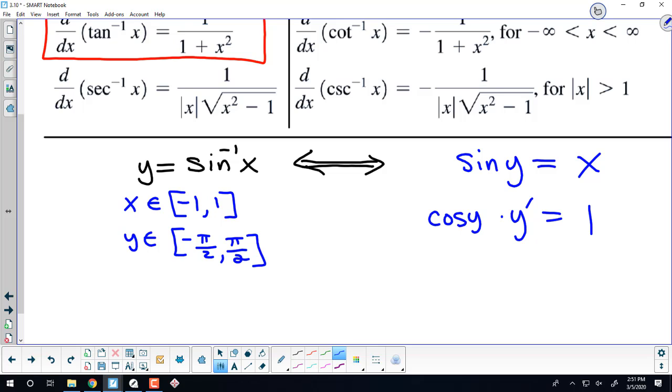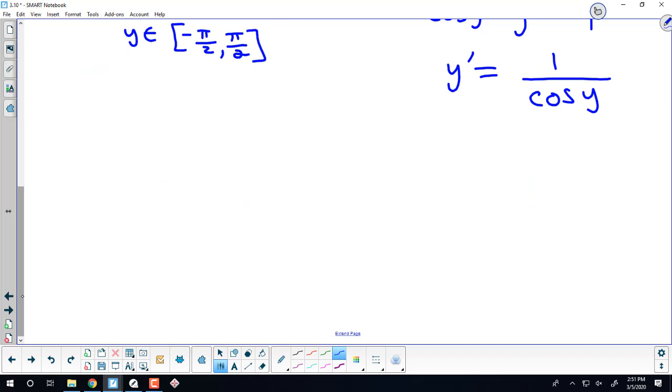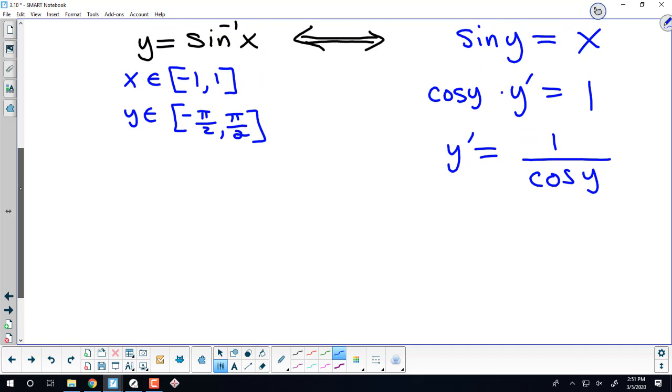So that's where the fact that for the inverse sine, y has to be in this interval comes in to help us figure out what exactly we're looking at when we say y prime is 1 over cosine y. Because we don't want this in terms of y, we want the derivative of inverse sine of x in terms of x. Okay, so there's the derivative.